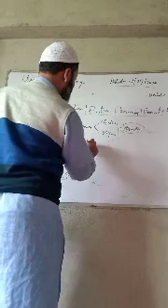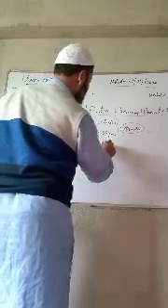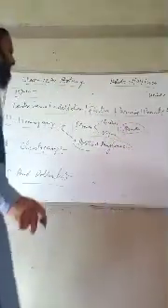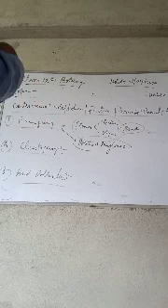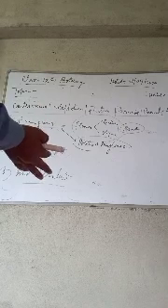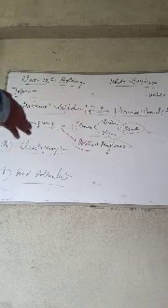In these plants, the anther and stigma of a flower mature at the same time. So this factor is called homogamy, when both male and female gametes mature at the same time. So it promotes them to undergo self-pollination.